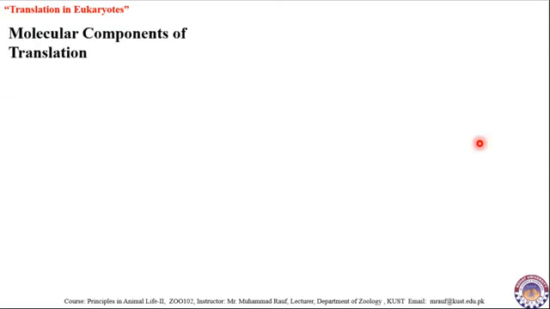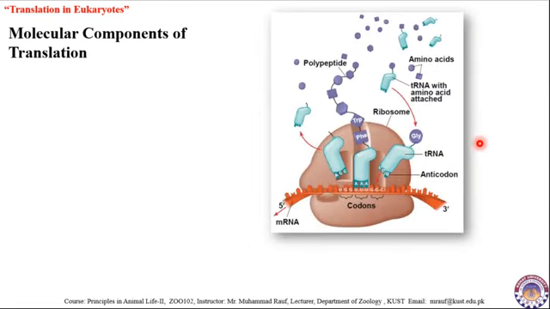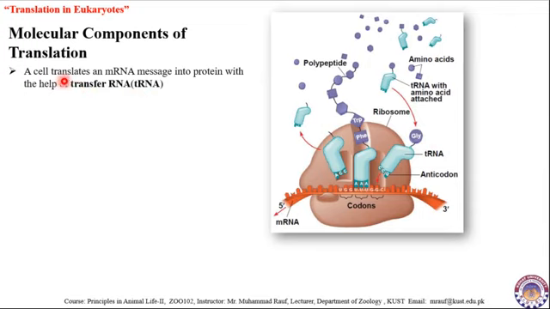Now, what are the molecular components of translation? A cell translates an mRNA message into protein with the help of a transfer RNA or tRNA. So tRNA plays a very important role here because the tRNA must interact on its two ends.